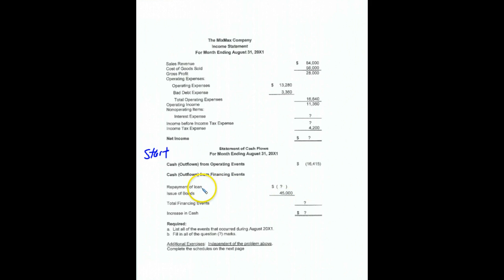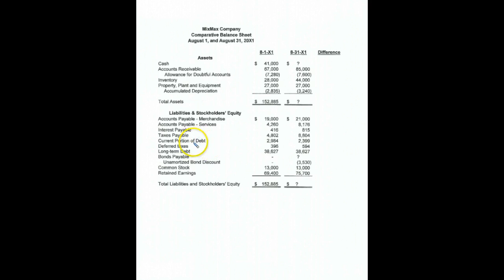Okay, the first one that you should be able to solve for is this repayment of the loan. So you have to think about, where else on the financial statements do we find information about loans? Well, that would be the balance sheet. And this current portion of debt went down during the accounting period, or during the month, and that difference is $585.